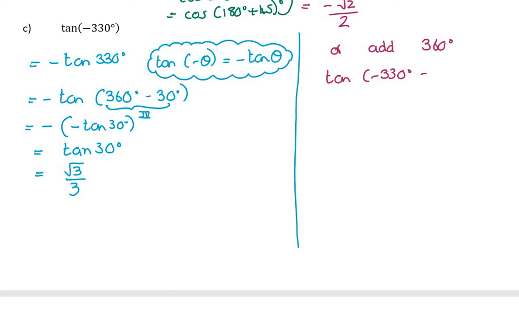Well, negative 330 plus 360, if I simplify that, 360 minus 330 is just tan of 30. So I go straight to tan of 30, which is root 3 over 3. So in this case, adding 360 and simplifying actually got me there fairly fast. This is why I say I just look at the question and decide based on the question what method makes sense.